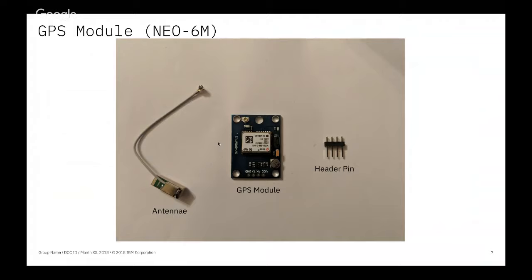I had to solder header pins into the 4 headers that we see at the bottom of the module, which made it easy to insert into a breadboard. The antenna was also able to screw right in at the top left corner here.